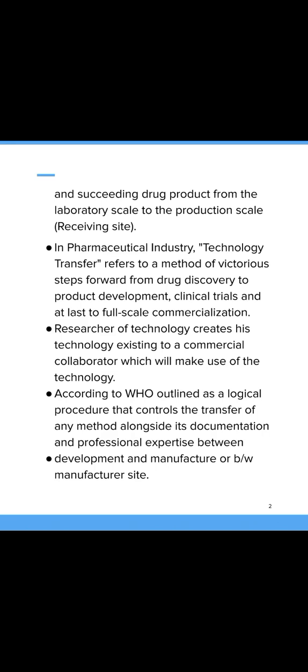In the pharmaceutical industry, TT refers to a method of successful steps forward from drug discovery to product development. According to WHO, it refers to a logical process that controls the transfer of any method along with its sites, its documentation, and professional expertise between the development and manufacturer or between manufacturer sites.